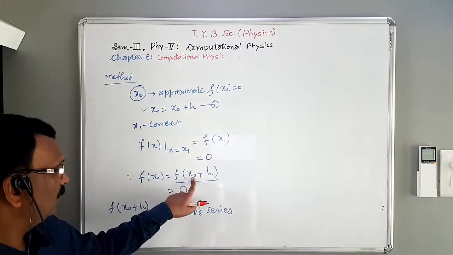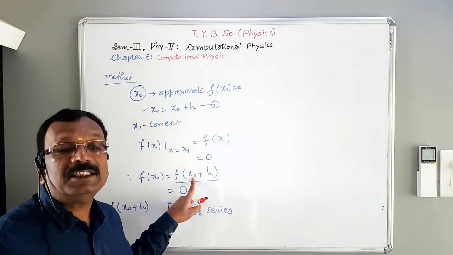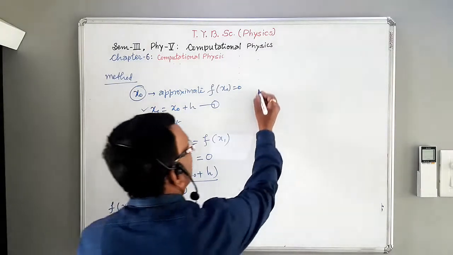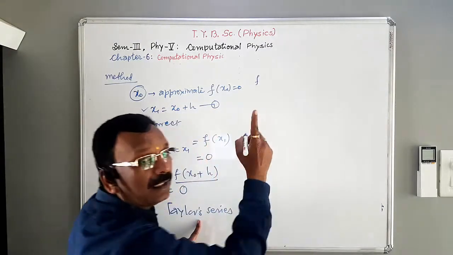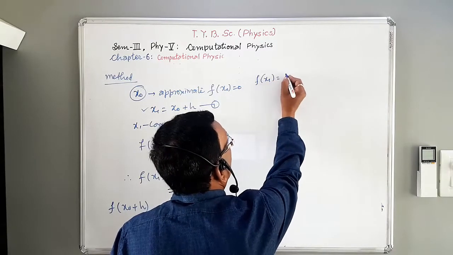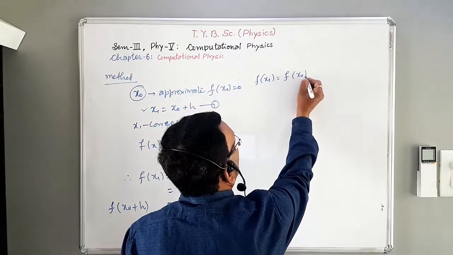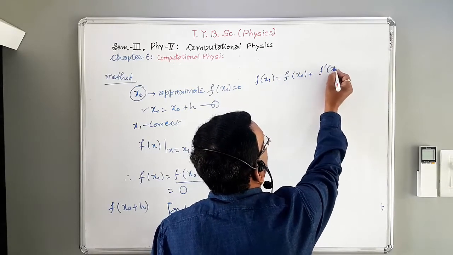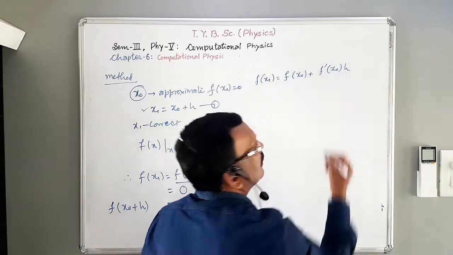This function can be expanded using Taylor series, which is a very simple series. That is, f of x1 is equal to f of x0 plus f prime of x0 into h.